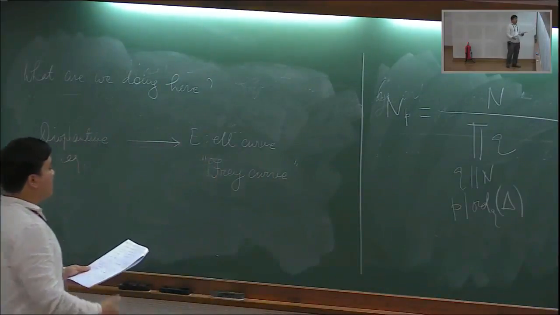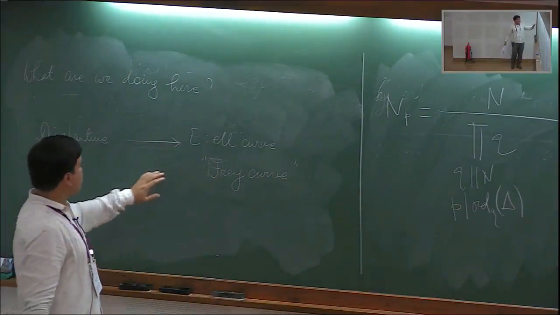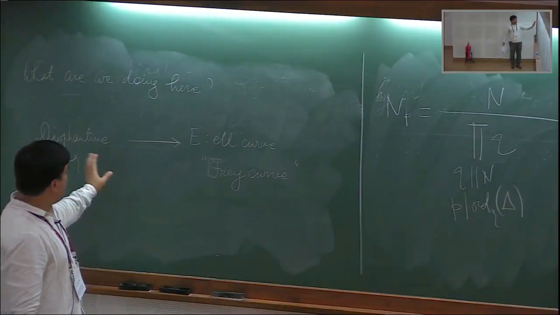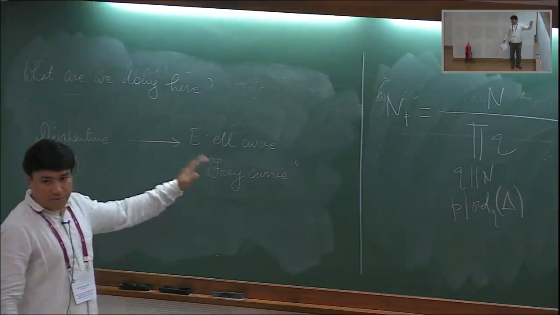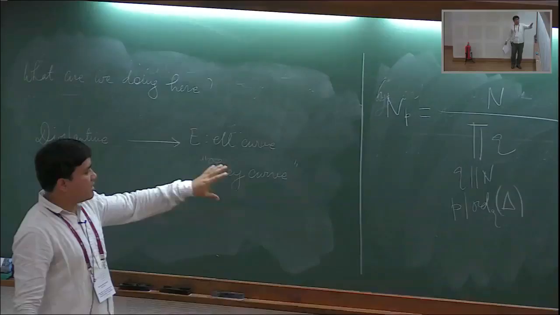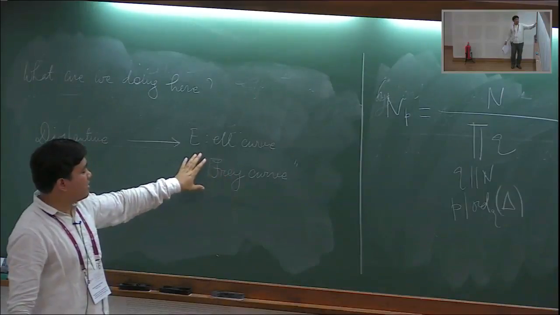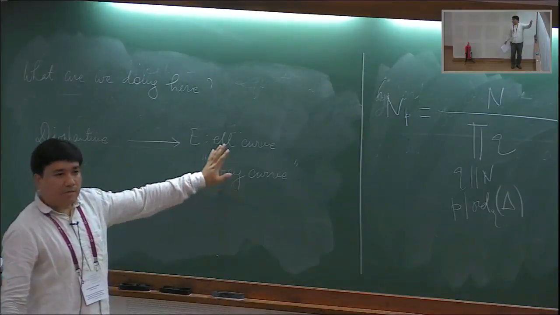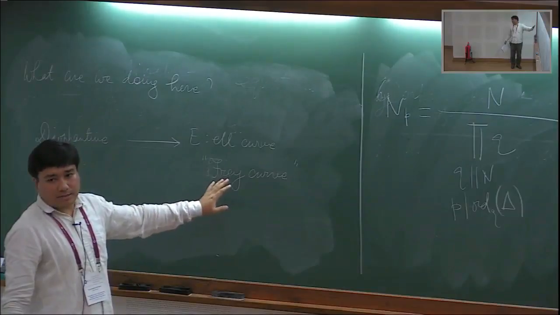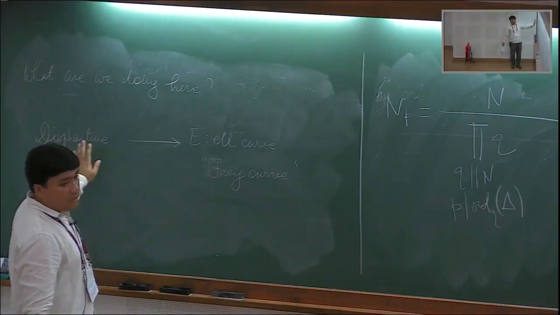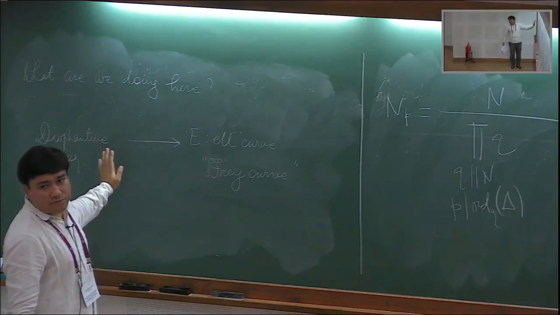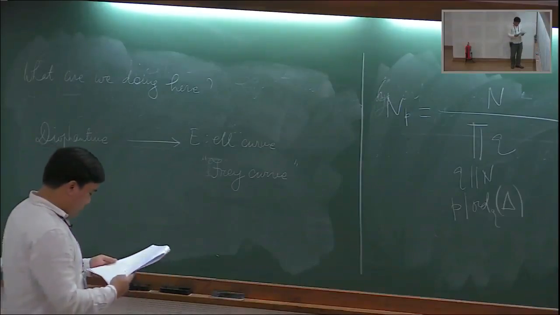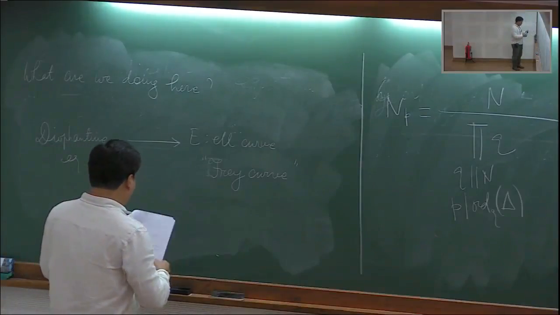I construct an elliptic curve out of this, and by using Ribet's level lowering theorem I show that this elliptic curve E cannot exist, and therefore I cannot expect to have solutions for this Diophantine equation.